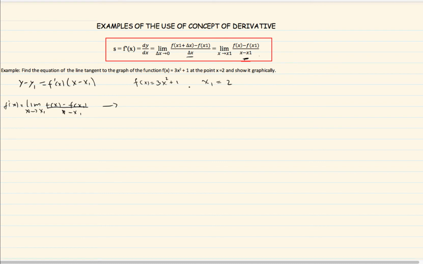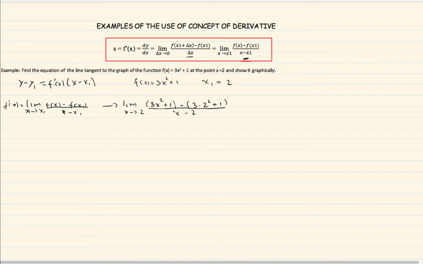So our x1 is 2, so we have limit when x tends to 2 of f of x, the function without any modification, 3x squared plus 1 minus f of x1, the function where wherever we have x we replace by x1, which is 2. So we have 3 into 2 squared plus 1. All this is divided by x minus 2.